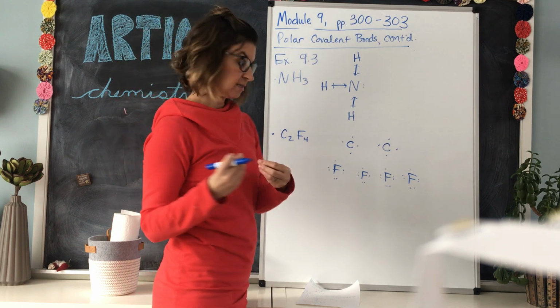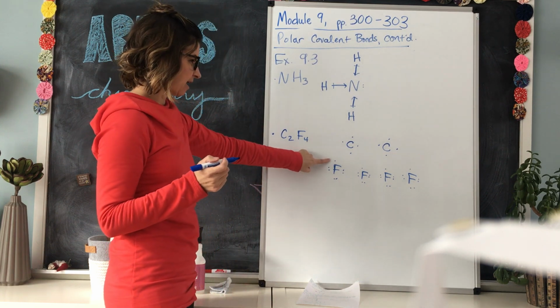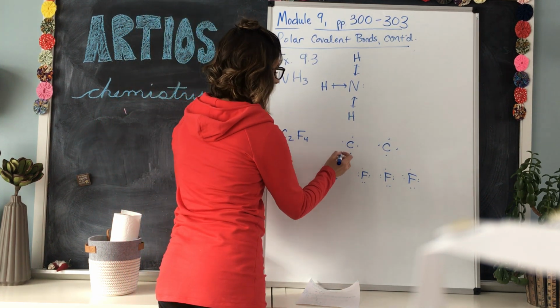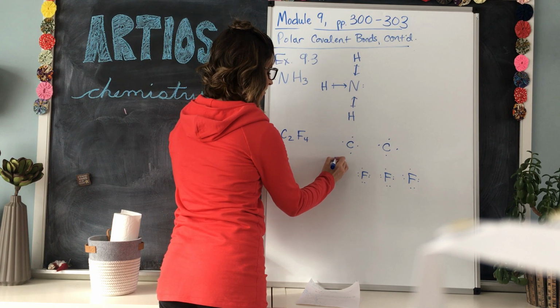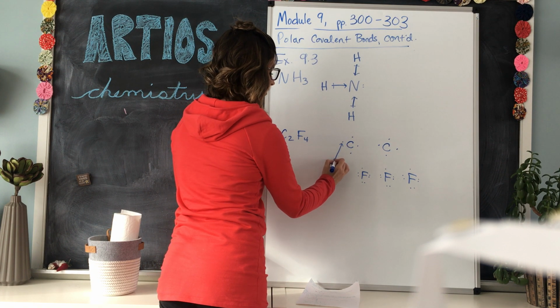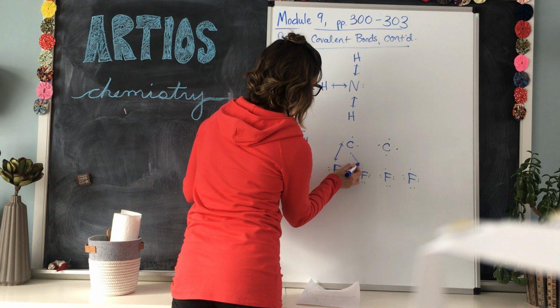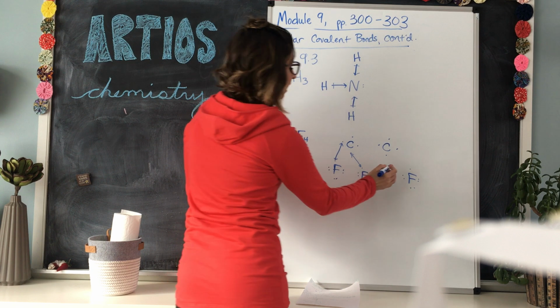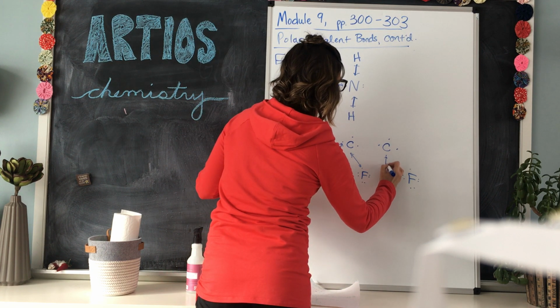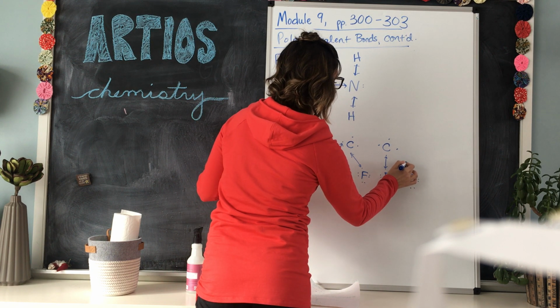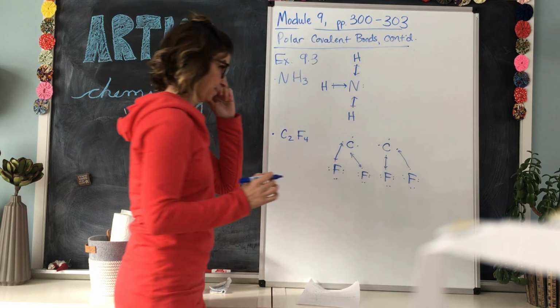Now, how do they bond together? Well, we can see that each of these fluorines can form a covalent bond with electrons there, and this fluorine can pair up with this carbon, and this fluorine can pair up with this carbon.